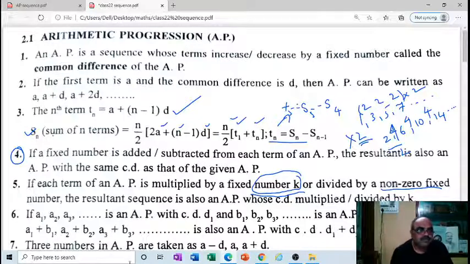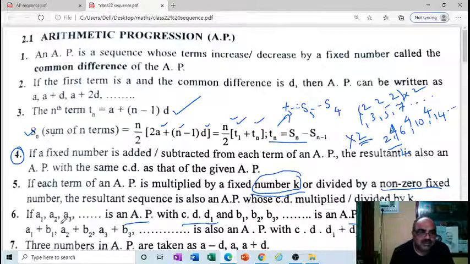Then, if A1, A2, A3 is a series in AP whose common difference is given as D1, then B1, B2, B3 is another series whose common difference is D2.